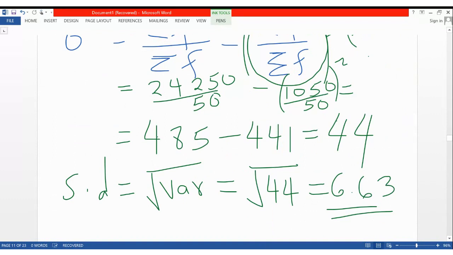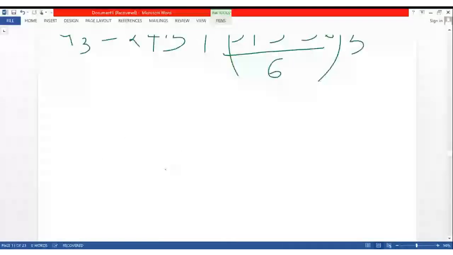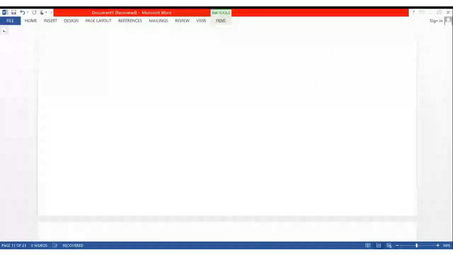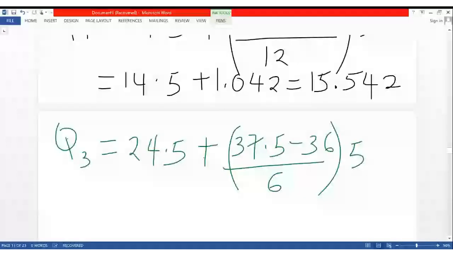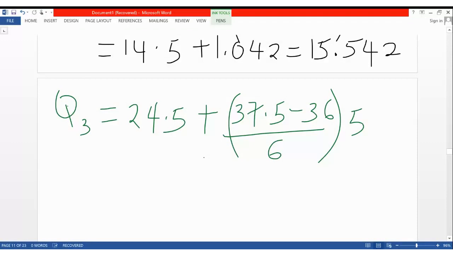If we do that one, that is 37.5 minus 36 divided by 6 times 5. 1.25 plus 24.5.